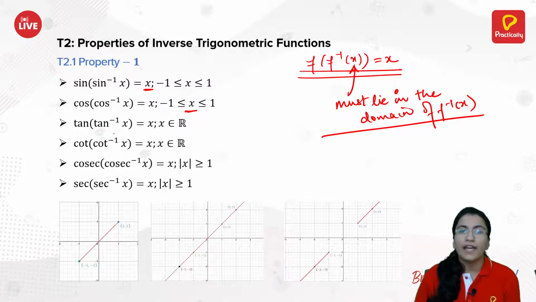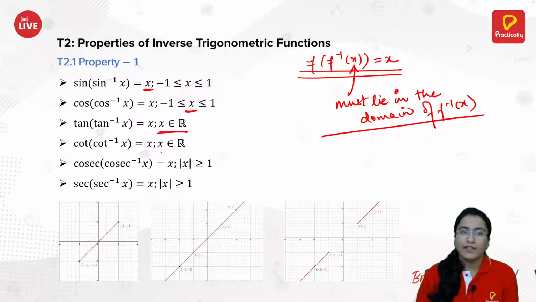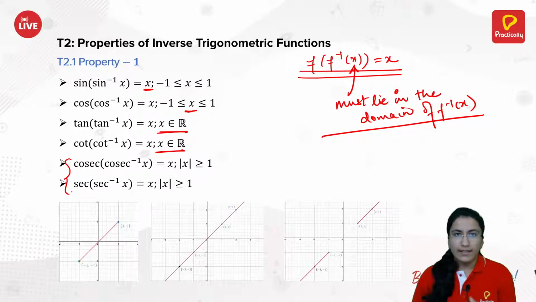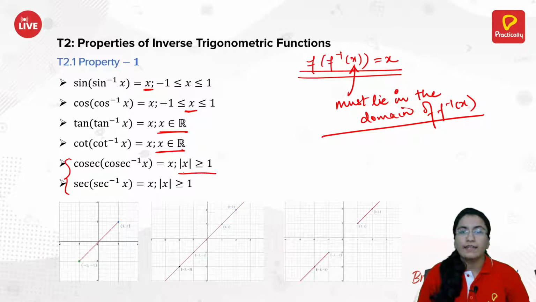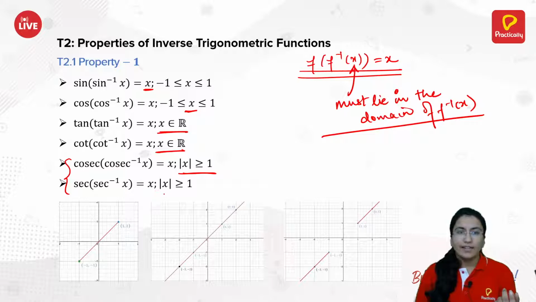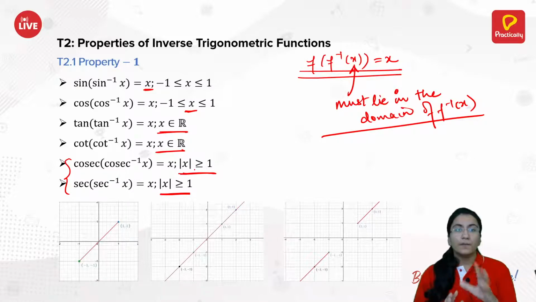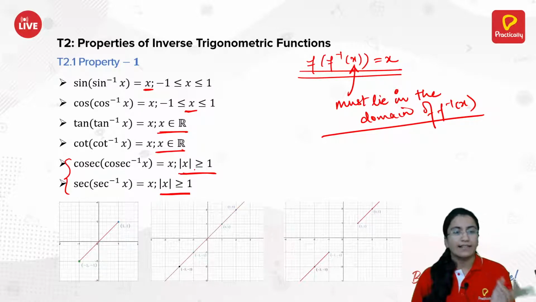The domain of tan inverse x was x belongs to R, so here you have x belongs to R. Similar is the case for cot inverse x. And for cosecant and secant inverse x, the domain is absolute value of x greater than or equal to 1. You can see both of them have this domain. So if you put the value of x lying in this domain, then cosecant of cosecant inverse x will be x, and secant of secant inverse x will also be x.